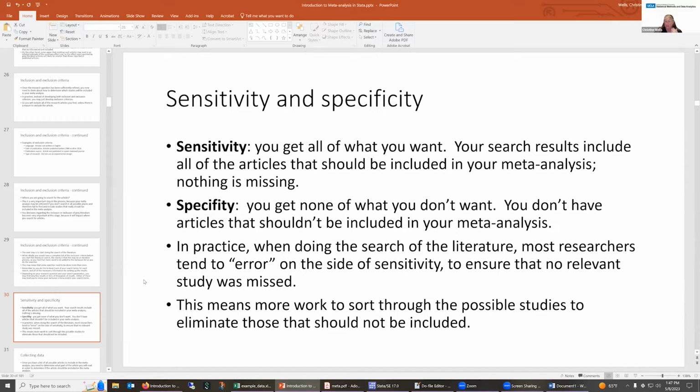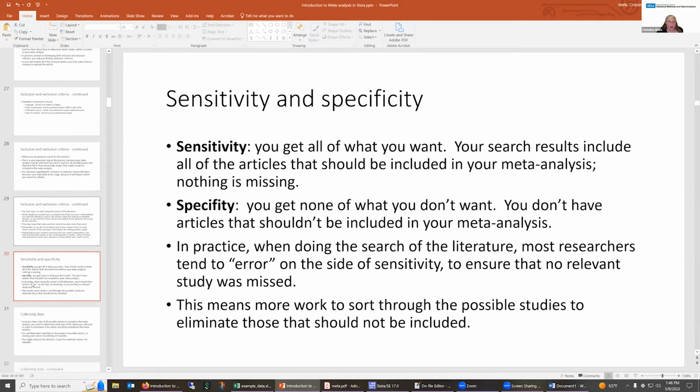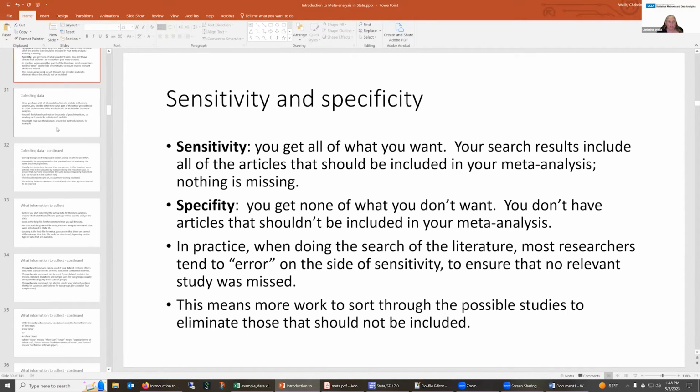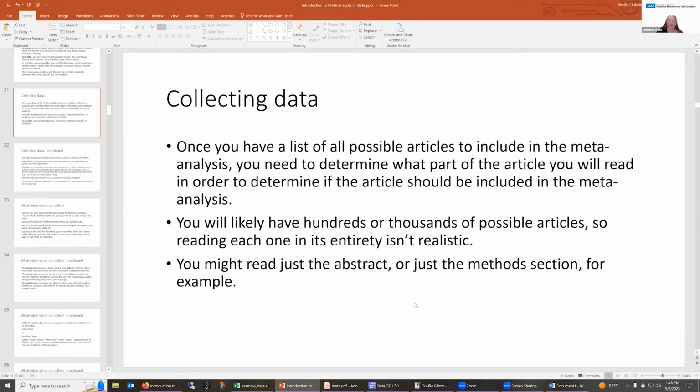In other words, sacrificing the specificity necessarily increases the workload. Hopefully, it also increases the quality of your meta-analysis because you got more of the articles that you were supposed to have for this particular meta-analysis. But I do admit that the increase in the workload can be substantial and time-consuming. So that's sensitivity and specificity.